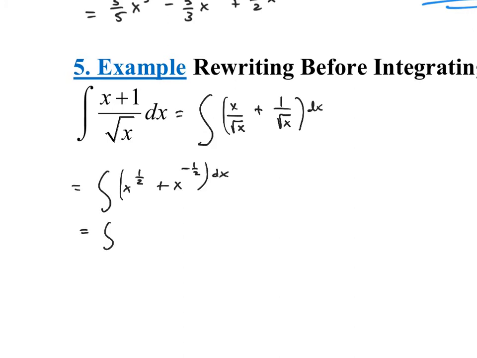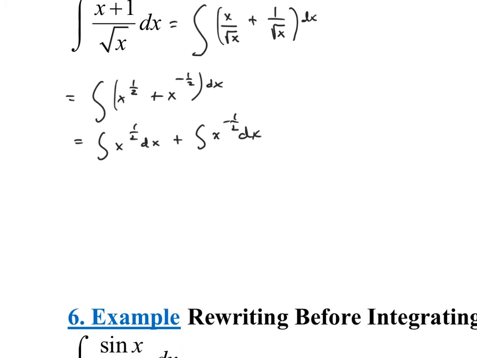So what do I do now? Well, separate it and find the integral or antiderivative of each individual part of this. How do I find the antiderivative of each part? I use the power rule. So what's the antiderivative of x to the 1/2? Okay, well now I need to do the power rule. What's 1/2 plus 1? Well, that would be 3/2.